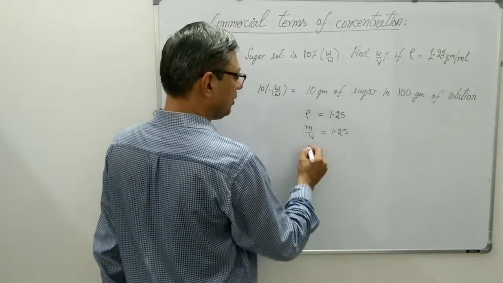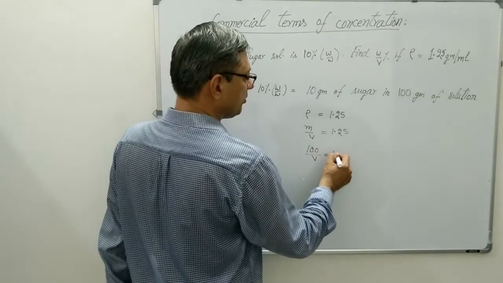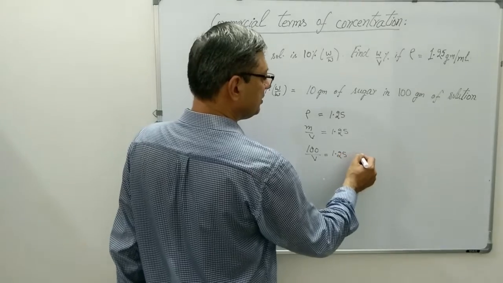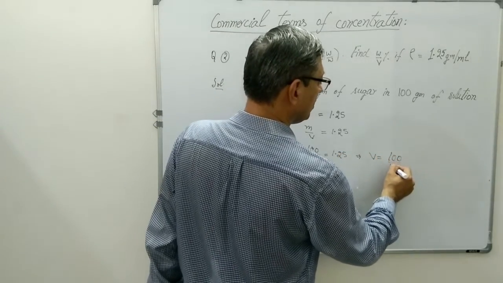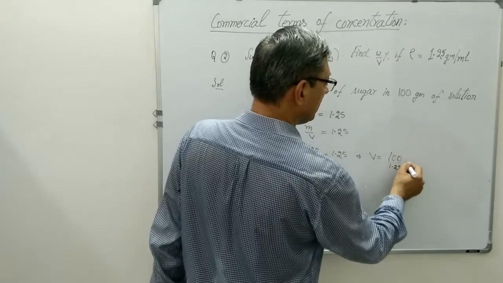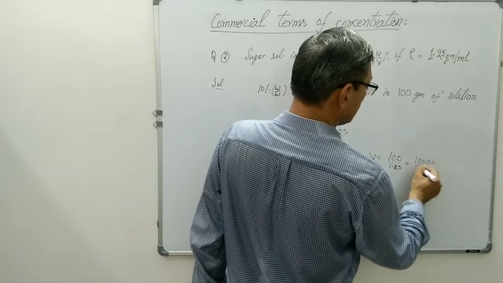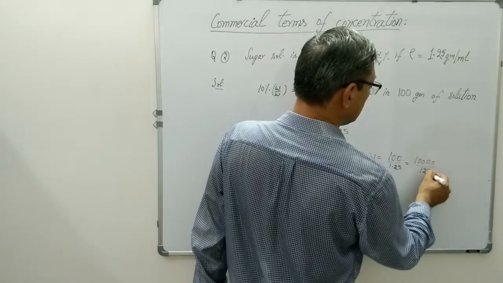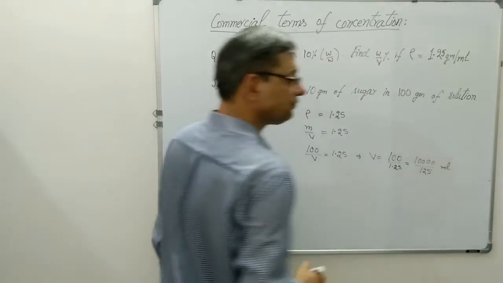Mass of solution we already know, it is 100 grams, and volume we can calculate by cross multiplying. So volume will be equal to 100 upon 1.25, and that will become 100 with 2 zeros upon 125. That will be the volume of solution.